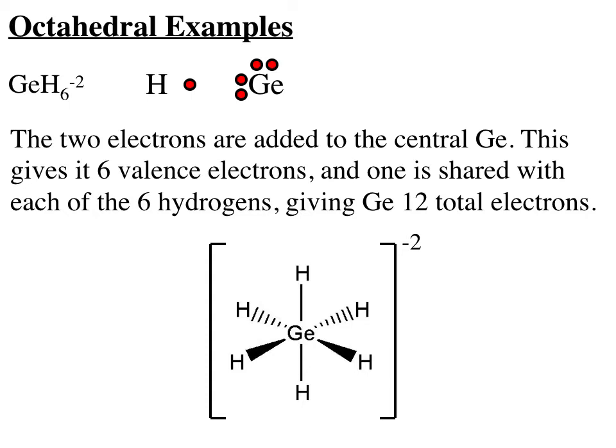Remember, the correct way to do this includes enclosing the entire anion in brackets and putting the total charge on the outside, as chemistry convention shows, and this would be how I would build that octahedral molecule.